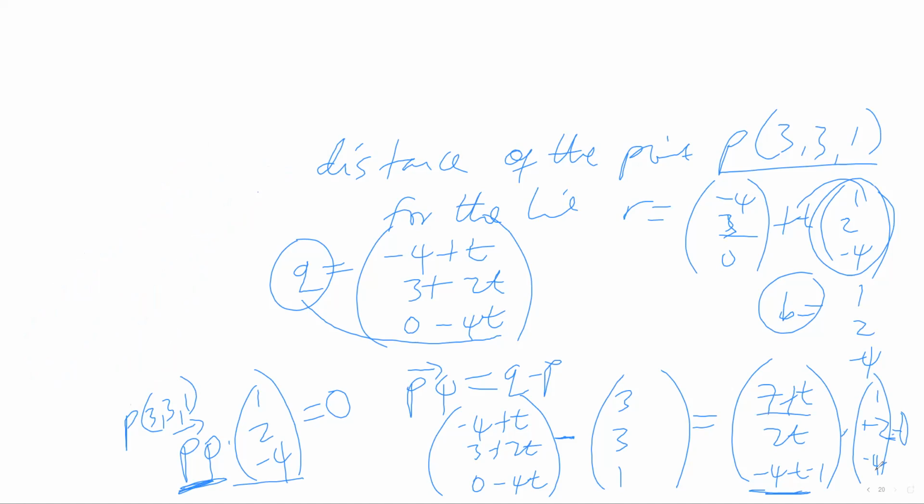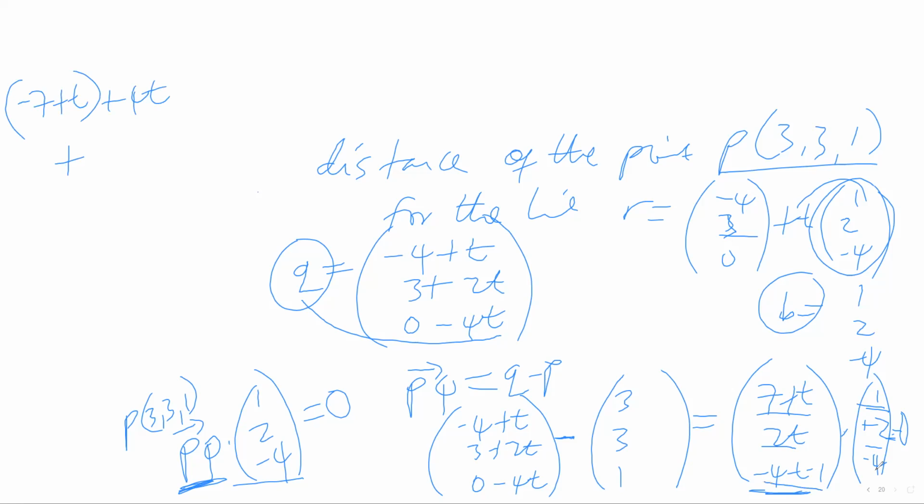So we have this times 1, right? We have negative 7 plus t, which you are multiplying by 1, nothing changes, and then plus 2t times 2, which is 4t, right?